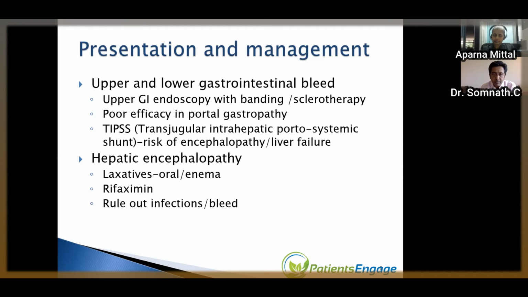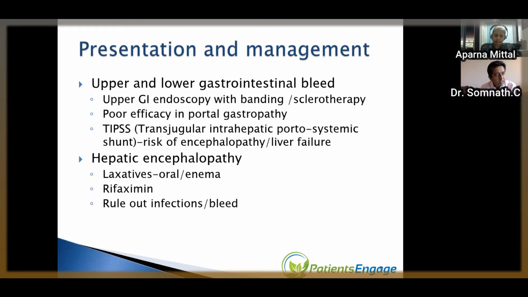The risks of TIPS include encephalopathy, which I'll talk about in the next point, and also liver failure. So you have to be very careful and consult a hepatologist or a liver transplant surgeon before going in for a TIPS.